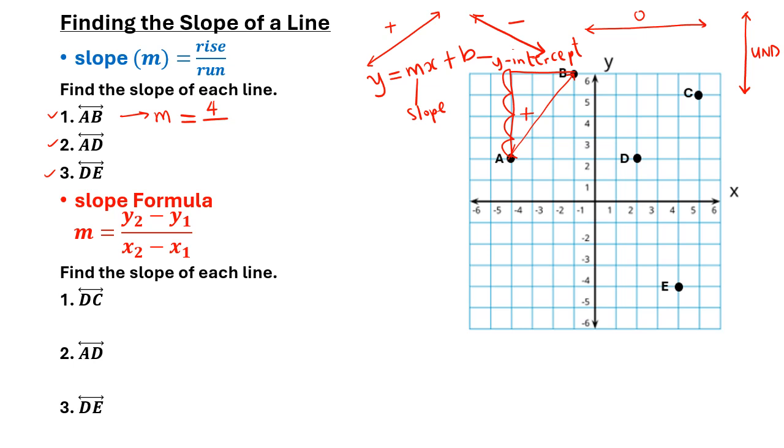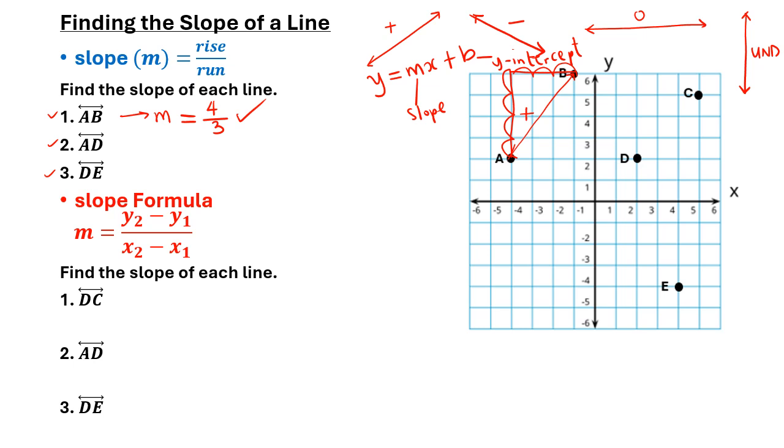How many units do we run here? 1, 2, 3. So we run 3 units. So the slope here is positive, and it's going to be 4 over 3. Done. And you don't have to convert that to a mixed fraction or struggle to convert that into a decimal. You can just leave it like that.